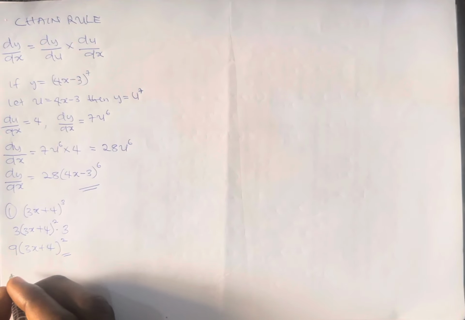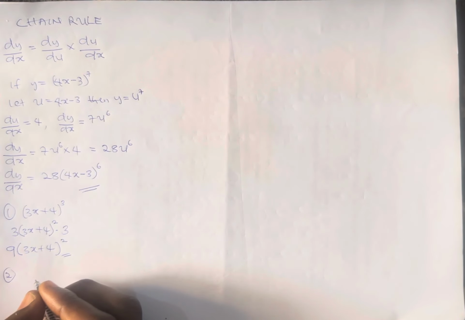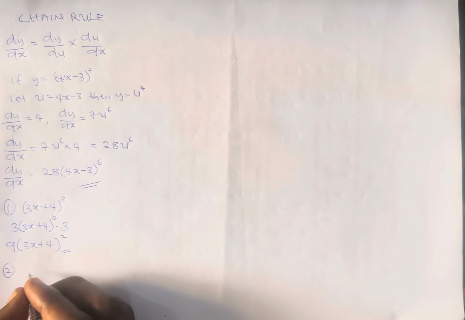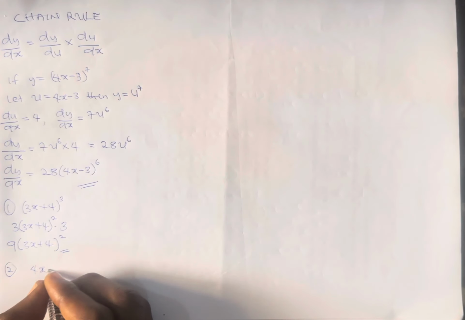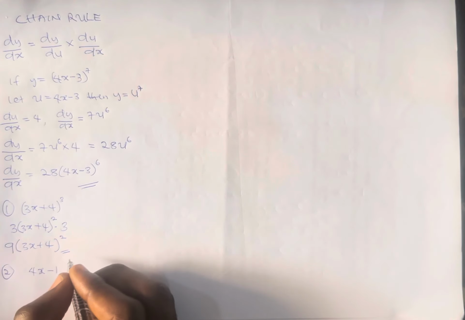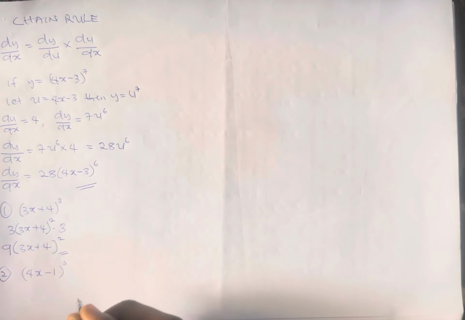Let's keep solving. Example 2. Let's say we have (4x minus 1) raised to the power of 7. I'm still going to use the same method.